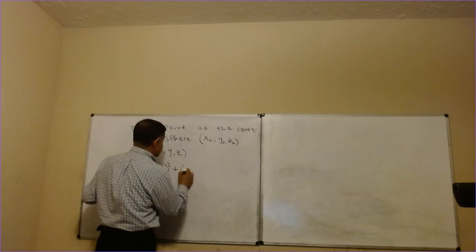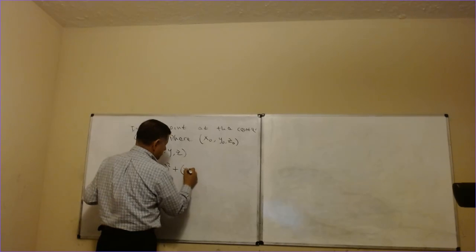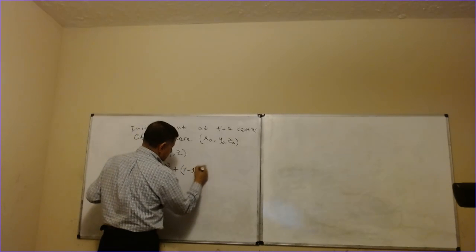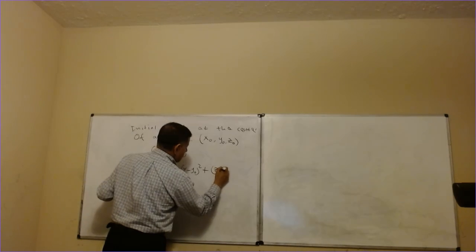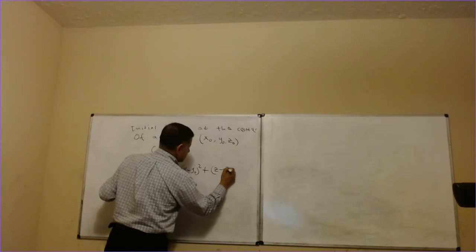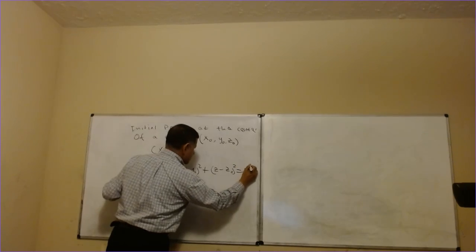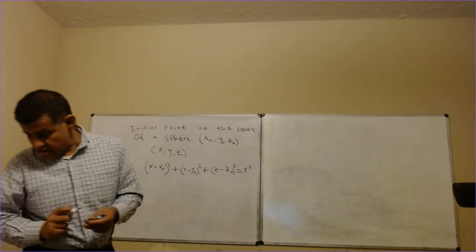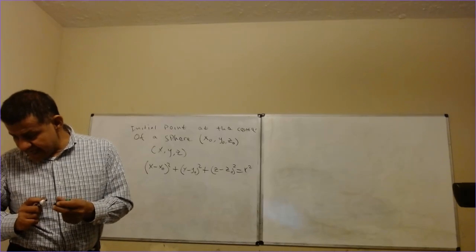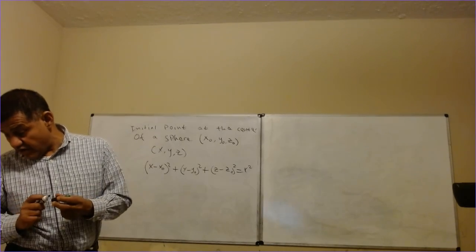Plus y minus y naught, squared, plus z minus z naught, squared, is equal to r squared, right? And that is the distance. That is actually the equation for a sphere.